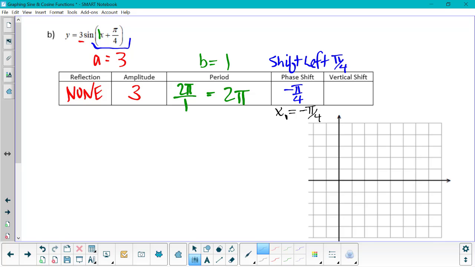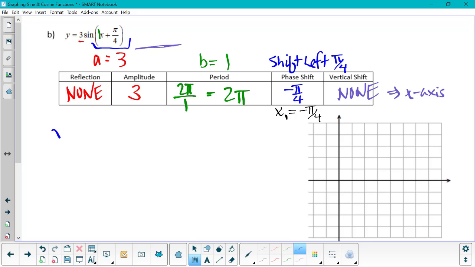There is nothing being added or subtracted out here, so we have no vertical shift, so my midline is the x-axis. All right, so let's find those x values of my 5 key points.